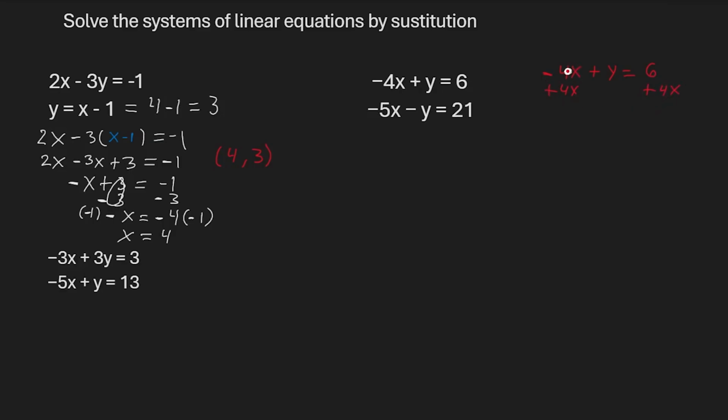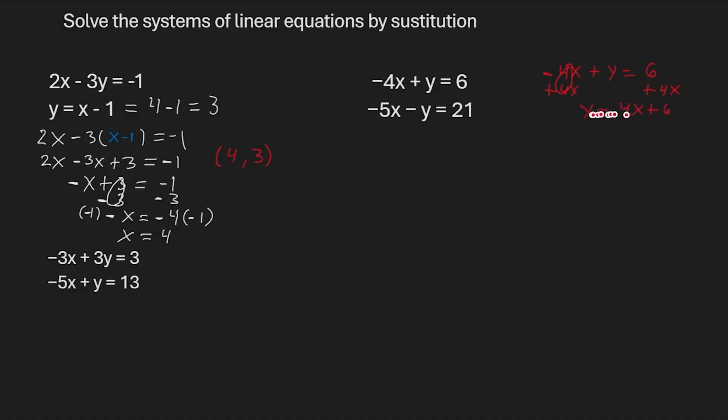So adding positive and negative 4x, this is going to be 0. So it cancels. And that's how we end up with y equals, on the other side, the answer should be 4x plus 6. Okay. Now I have y by itself. I isolated y by doing only one step.